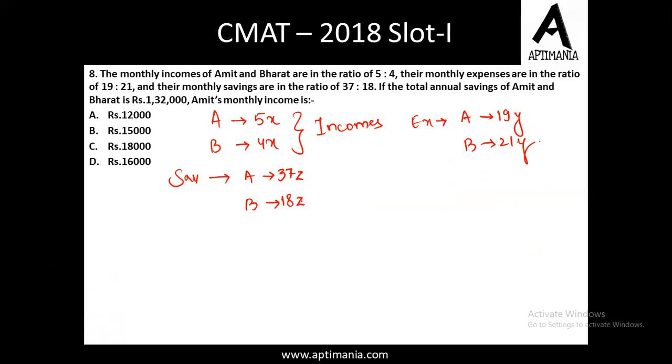If their total annual savings is 1,32,000, then in case I need to calculate the total monthly savings, I have to divide it by 12, which will give us 11,000, right?